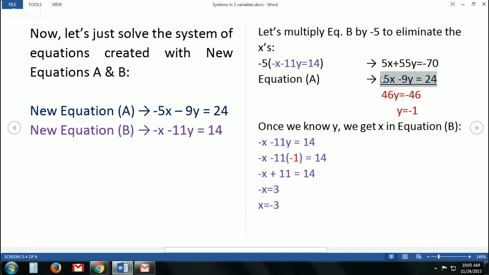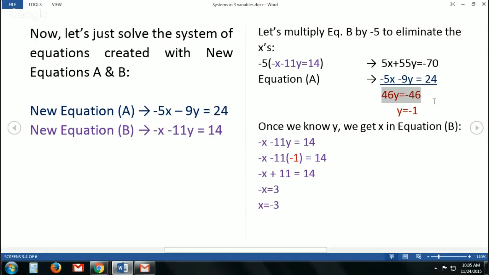Once we have those opposites, let's add together the lines. The x's eliminate like we expected. 55 minus 9y gives me 46y. -70 plus 24 gives me -46. So now I've got a little equation that is easy for us to solve. 46y equals -46. If you divide both sides by 46, y is -1.